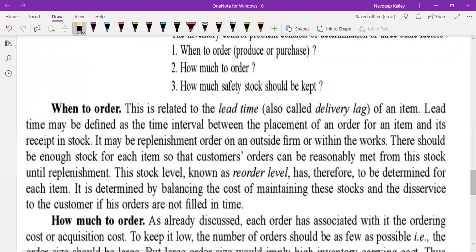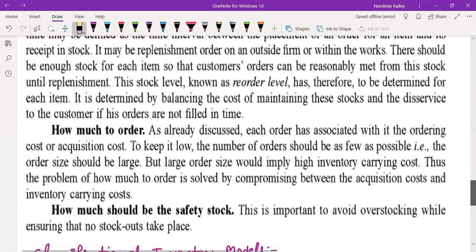The next factor is how much to order. As already discussed, each order has associated with it the ordering cost or acquisition cost. To keep it low, the number of orders should be as few as possible. The order size should be large, but large order size would imply high inventory carrying cost.